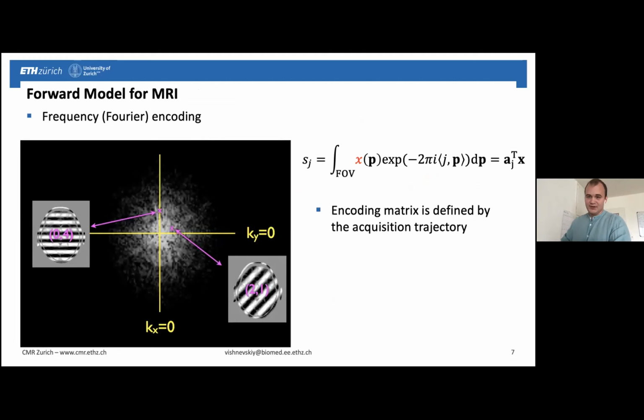Here you can see the signal that is acquired in K-space, and each point in this K-space corresponds to the weighting of our image with the corresponding wave with a given direction and period. So, all right, a lot of imaging modalities can be described with linear systems.